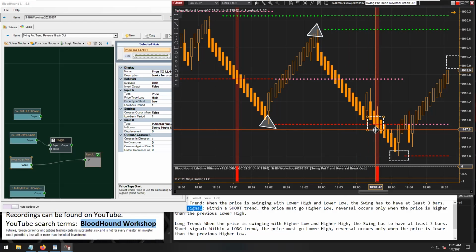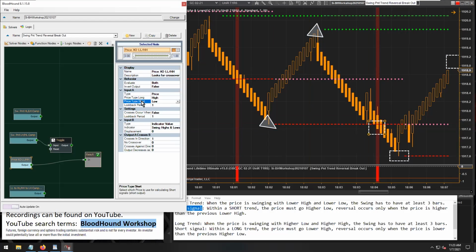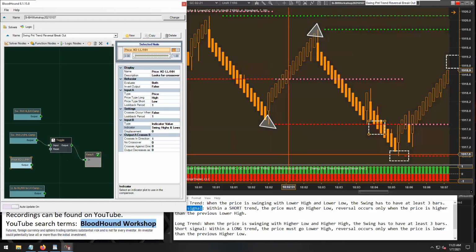So there we go. There we have it. So this is the bar that crossed the prior low swing point. The low of the bar crossed it, right? So we generated a short signal if the low of the bar crossed our swings indicator. And I'm going to use this short signal to turn off the long output.